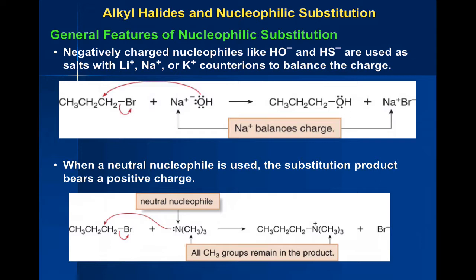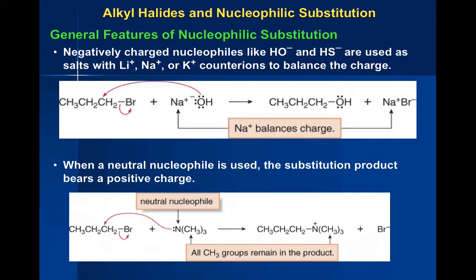The nucleophile attacks the carbon. I can only have 4 bonds to that carbon, so what has to happen? The bromine has to leave. So as the nucleophile is attacking the carbon, the leaving group is leaving. This arrow is telling me I'm forming a bond between this oxygen atom and this carbon atom, and the halogen is leaving. Now, organic chemists quite frequently ignore the salts and all the spectator ions because we're not interested in them, so keep that in mind. You'll quite frequently see me write this with hydroxide and the alcohol product.